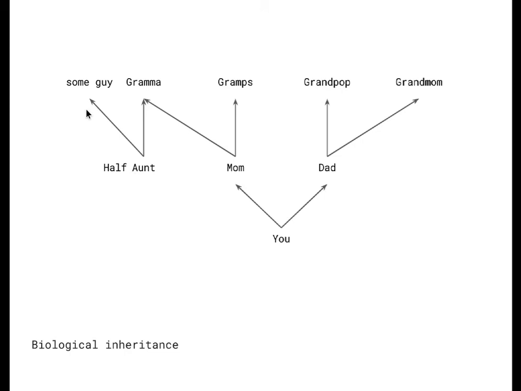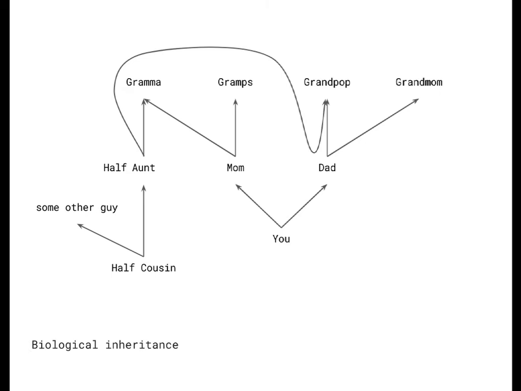Yeah, so this is getting spicy. And that aunt had a half-cousin, right? And the half-cousin inherited from the aunt and some other guy. So the story is just getting more and more intriguing. But it turns out your half-aunt actually inherits from your grandpa. Oh, God. What?